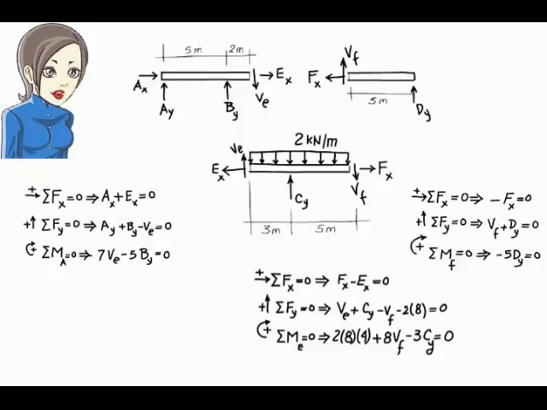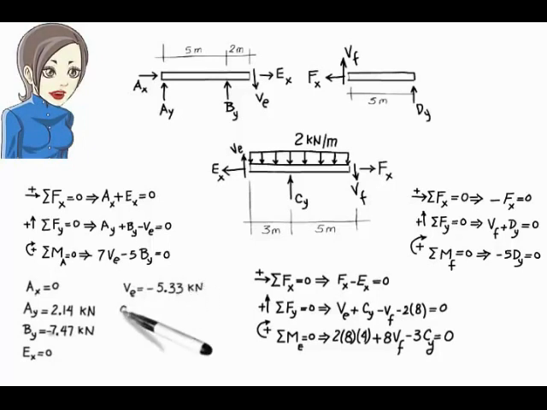Solving these equations simultaneously, we get AX equals 0, AY equals 2.14, BY equals -7.47, EX equals 0, VE equals -5.33, CY equals 21.33, FX equals 0, VF equals 0, and DY equals 0.